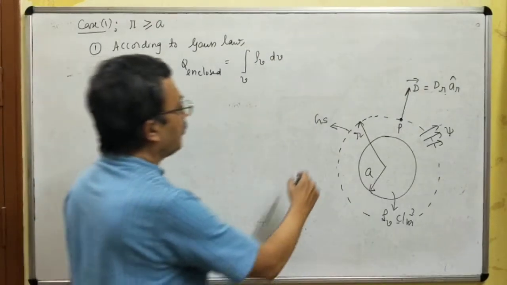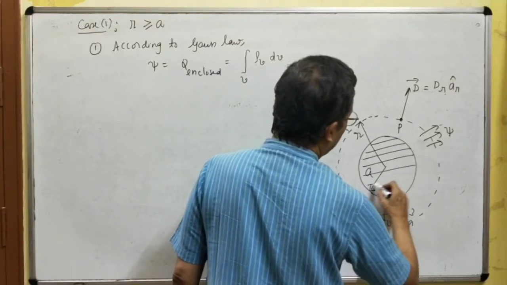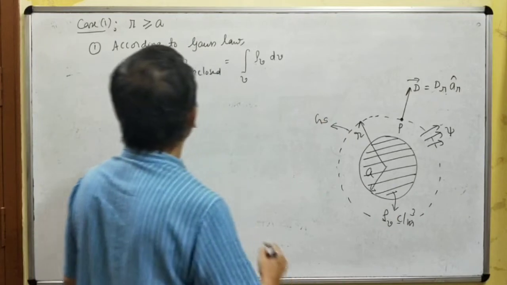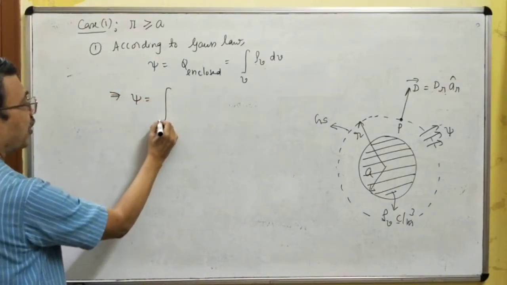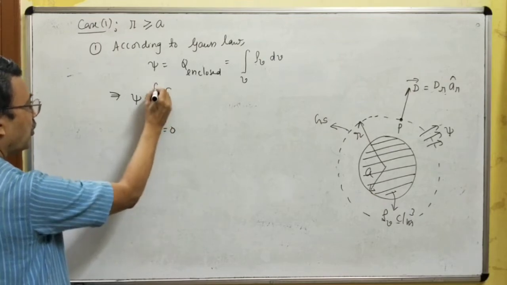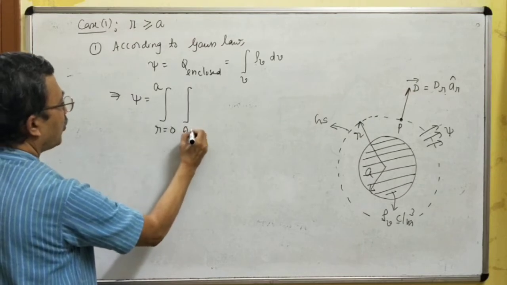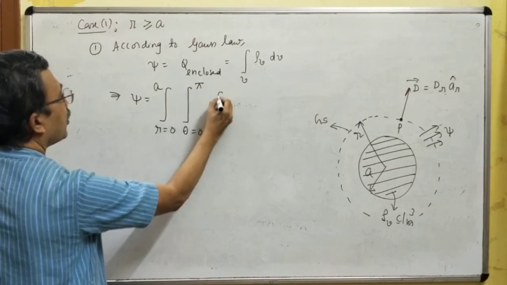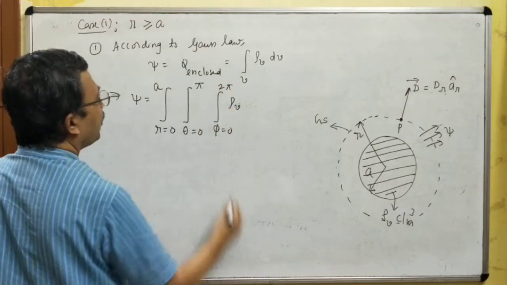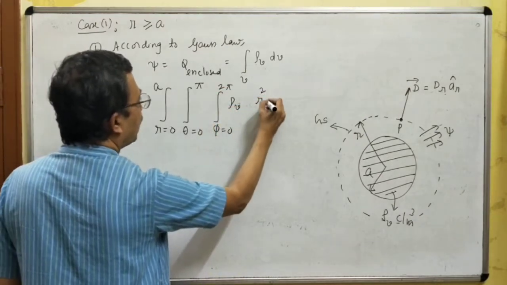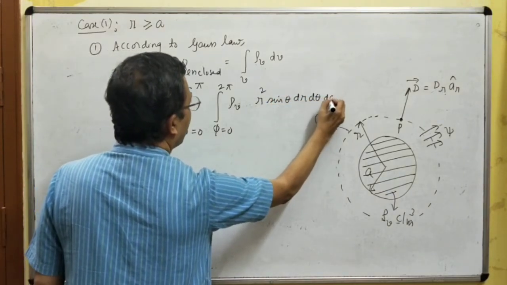Now, the Gaussian surface encloses the charge contained by this entire sphere. This implies psi is equal to a triple integral. r varies from 0 to a, theta varies from 0 to pi, phi varies from 0 to 2 pi, rho v. What is dV? dV is r square sin theta dr d theta d phi.